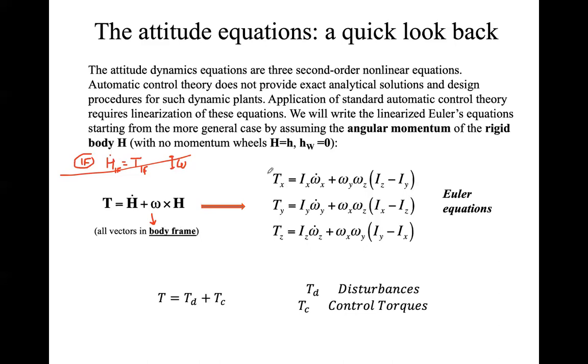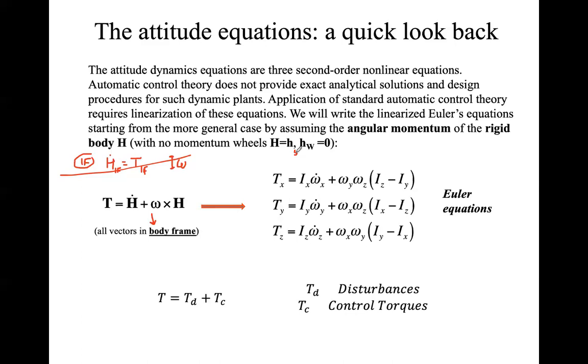And here we are assuming that in the satellite there are no external actuators, so the angular momentum is only given by H satellite. We're going to see, for example, when we treat the reaction wheels, that the total angular momentum of the system will be the angular momentum of the satellite plus the angular momentum of the wheels.